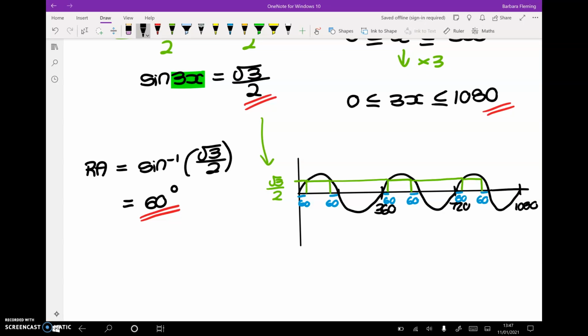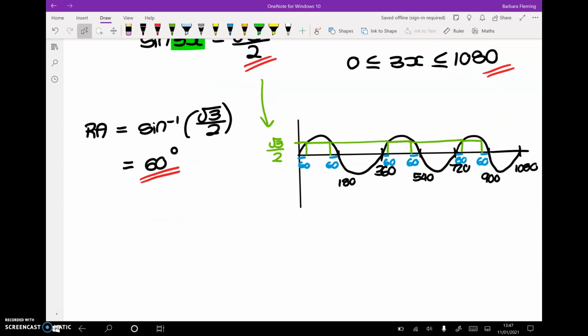I obviously know that this first one is 180. 180 further on than 360, just so that I know where my symmetry is coming about. That's 540 in there. And then 180 further on than 720 is 900 in there. Just so we know what to add or subtract from. Okay, so all of our solutions.